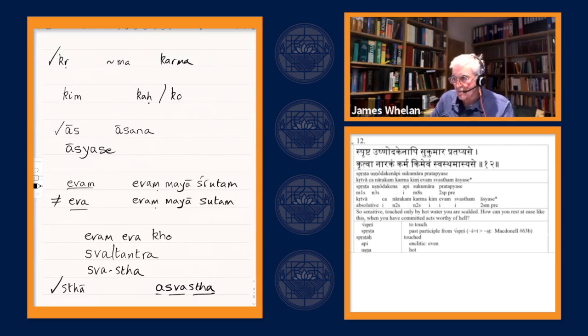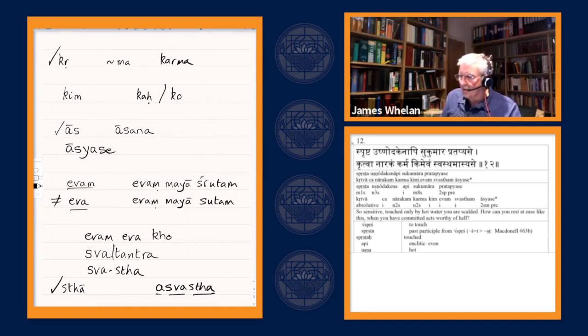Aswastha, literally non-self-standing. So if you're feeling out of sorts, you're not yourself, you're not grounded, your mind's all over the place, you're unwell, just recovering from an illness, you might be aswastha, non-self-standing, not yourself, not composed, lacking composure. The swastha means self-standing.